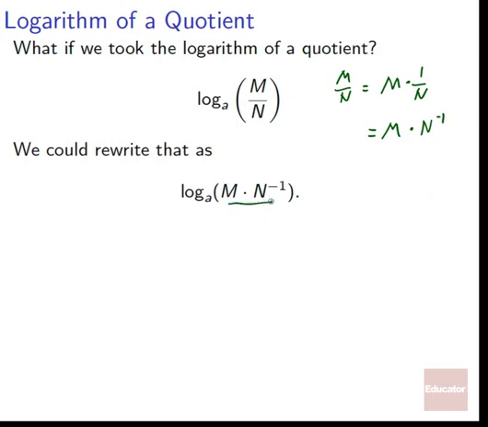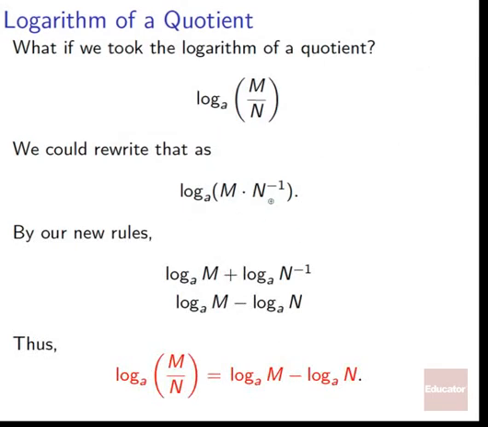From the rule that we just saw, the splitting of products, we can break this into log a of M plus log a of N to the negative 1. And then we also have our rule that we can bring down exponents: log of x to the n becomes n times log of x. So we bring this down in front. Since we're bringing down a negative 1, it just becomes a minus sign.